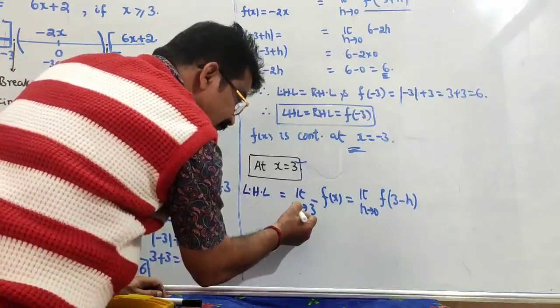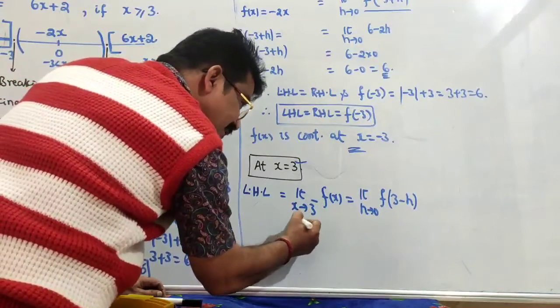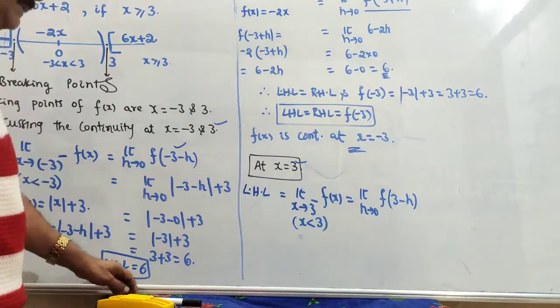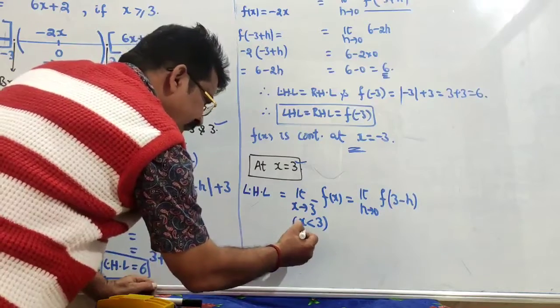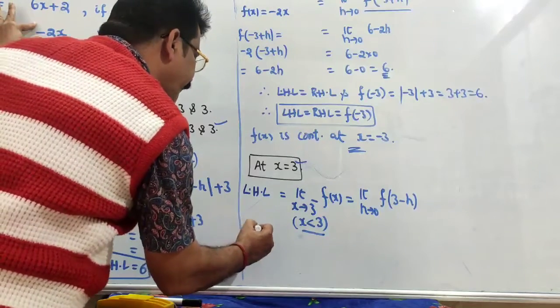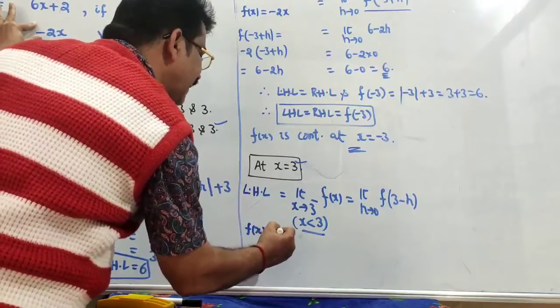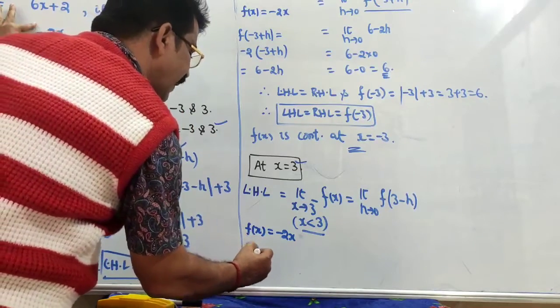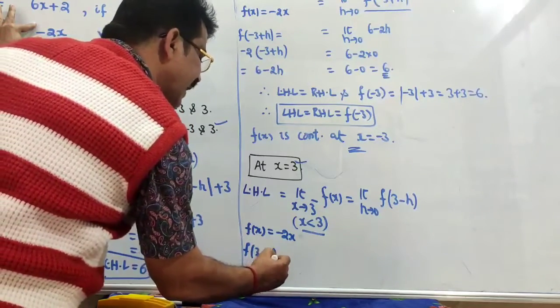What does it mean, x tends to 3 minus? It is x less than 3. So when x is less than 3, where is that area? This one. So in this area, write side by side minus 2x. Next, what is the value of f of 3 minus h?